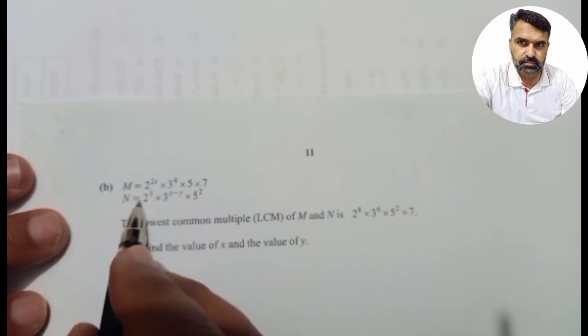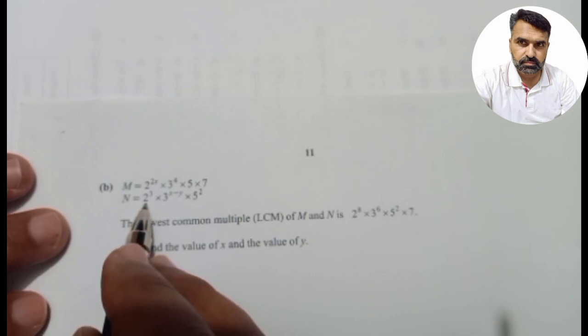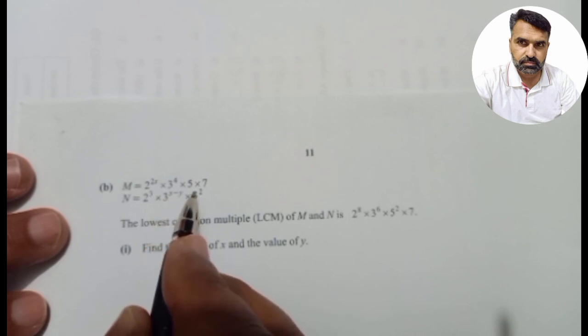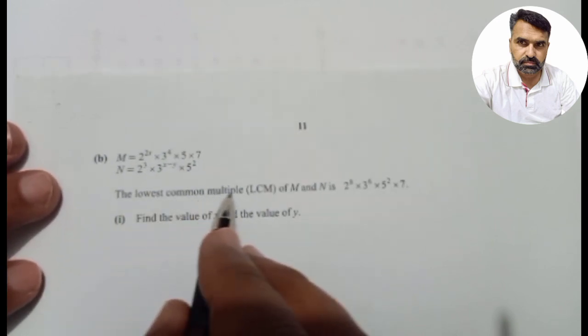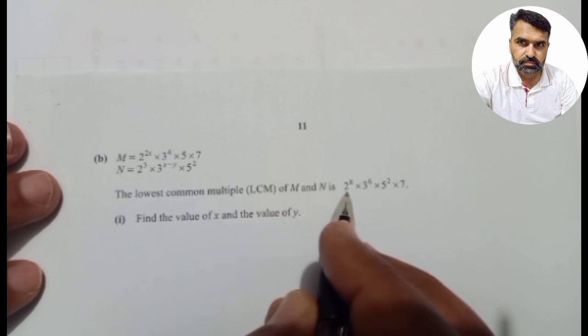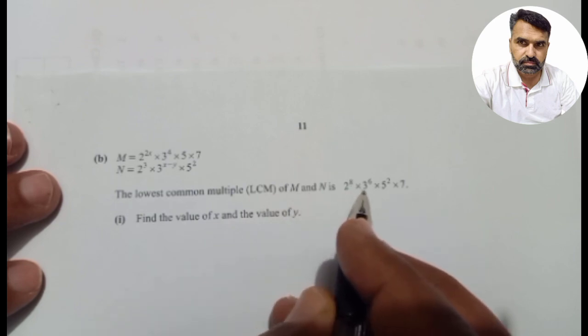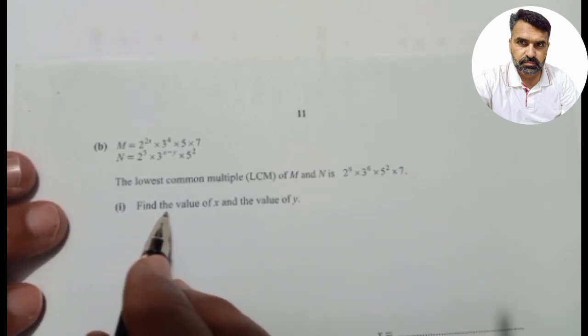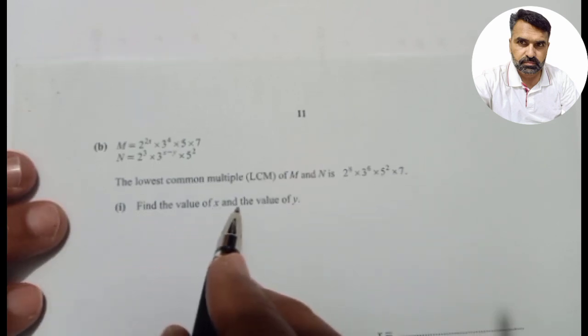And number n is also represented as a product of prime numbers, written as 2 cube multiplied by 3 to the power of x minus y multiplied by 5 square. The lowest common multiple, LCM, is given: 2 to the power of 8, 3 to the power of 6, 5 square multiplied by 7. And we have to find the values of x and y.